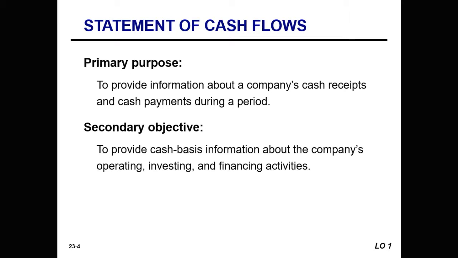The primary purpose of the statement of cash flows is to provide information about a company's cash receipts and cash payments during a given period. The secondary objective is to provide cash basis information about the company's operating, investing, and financing activities.